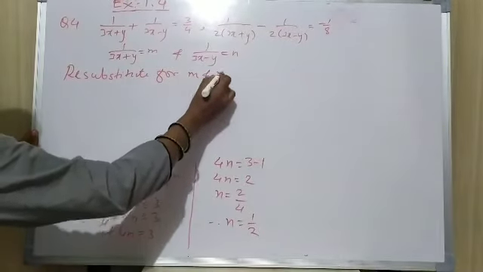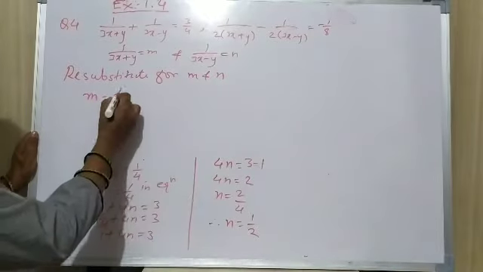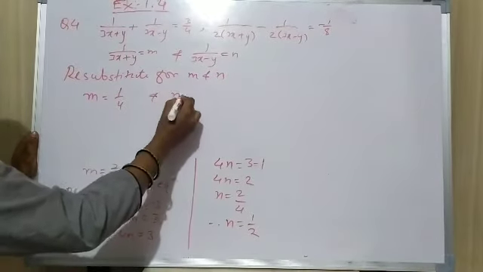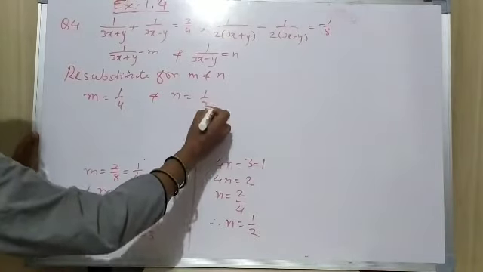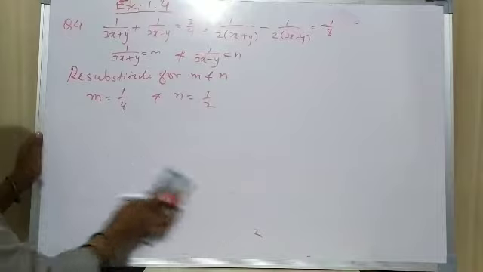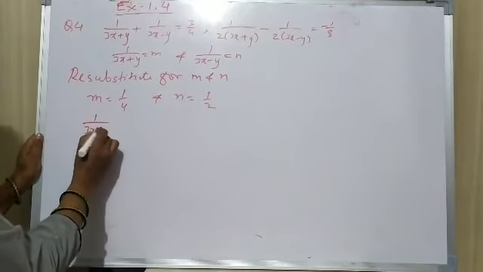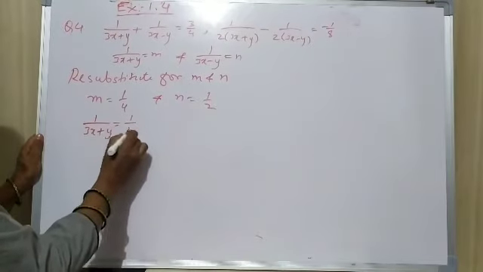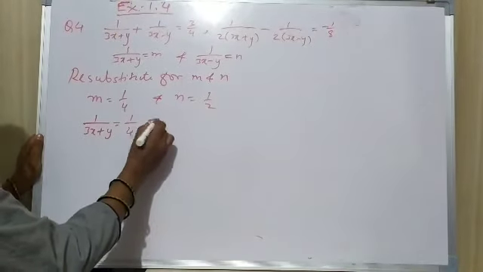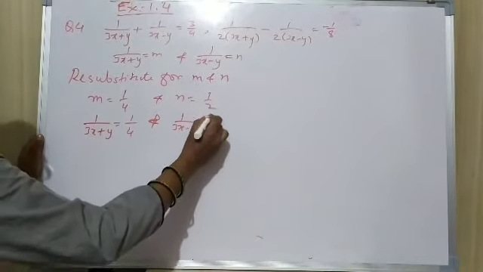Now resubstitute for m and n. So you got the answer, m is equal to 1 by 4 and n is equal to 1 by 2. So what we had taken at the beginning, the value of m was 1 upon 3x plus y is equal to 1 upon 4, and 1 upon 3x minus y is equal to 1 by 2.